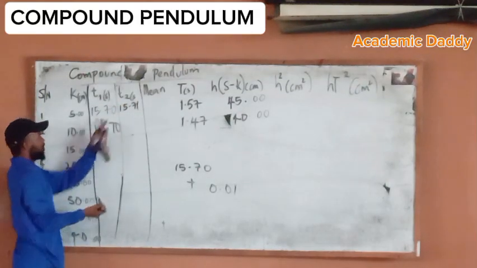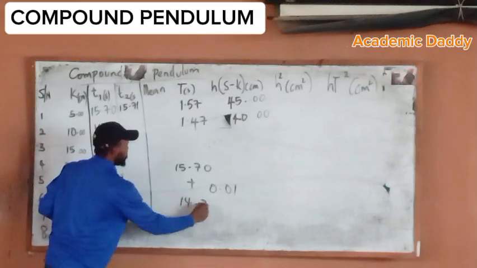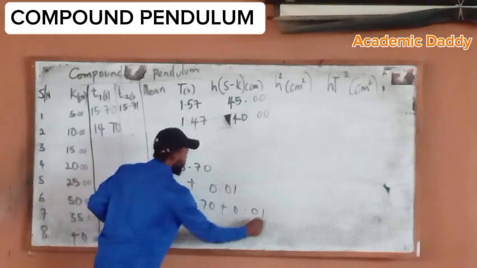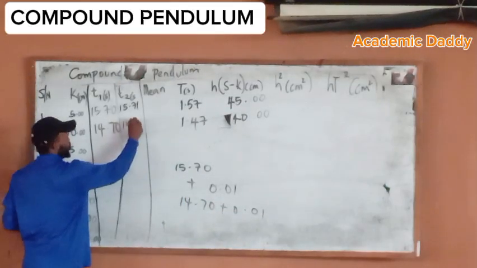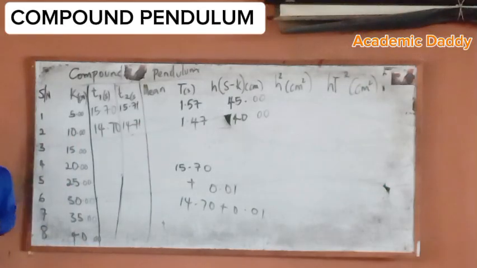So to get T2, do 14.70 plus 0.01, you are going to get 14.71. Is it not true? Yes. This is how to get T. Even if you did not do the practical, then you can obtain your values. And guess what? Whatever value you obtain using the formula, the way we are doing it, will even be more correct than what you get in the practical. Because this is something that has been done and proven before they gave you that formula for the compound pendulum.